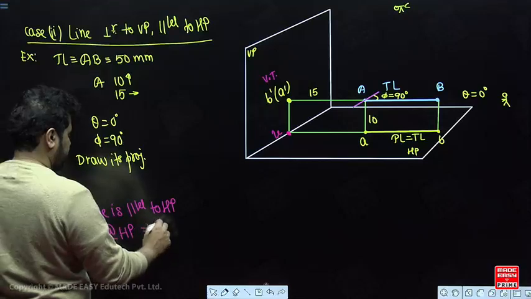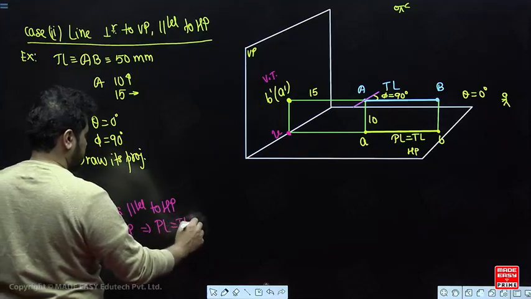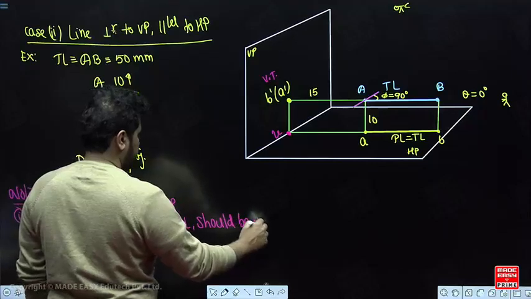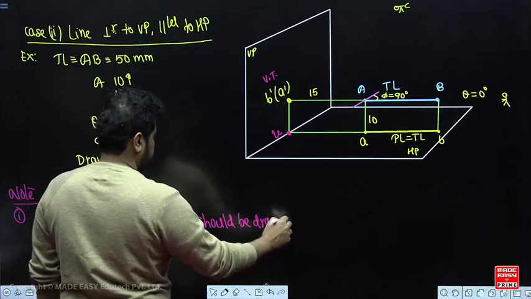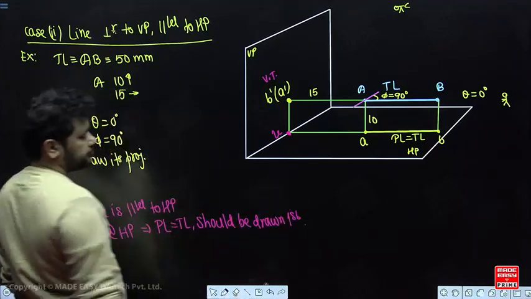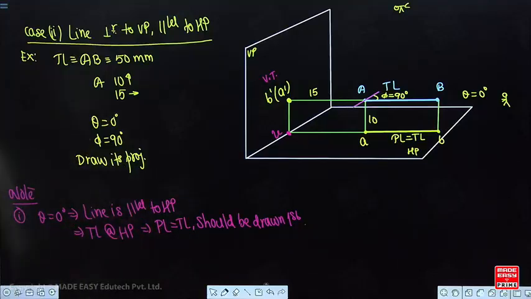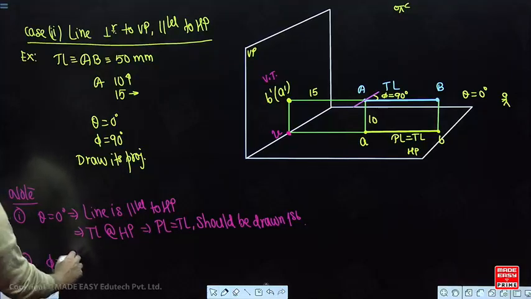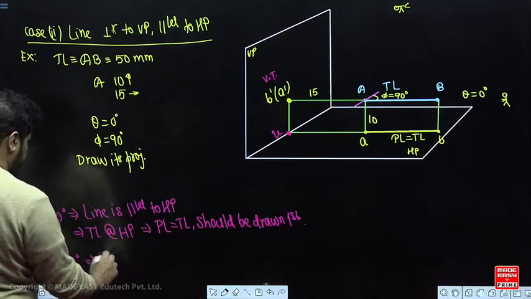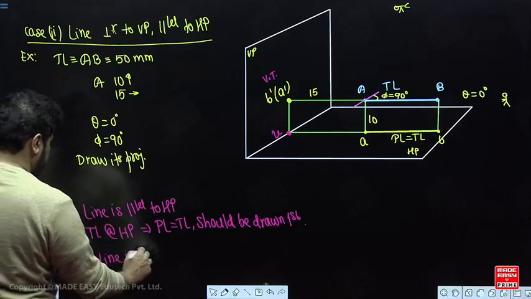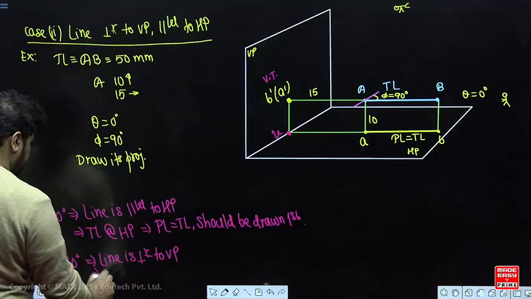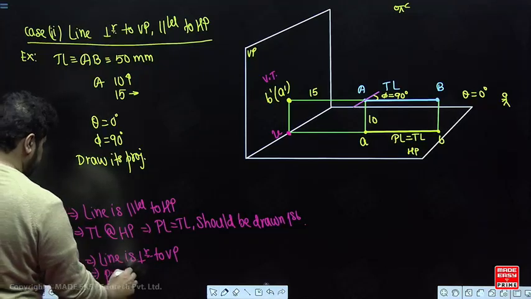This implies plan length is equal to true length should be drawn first. है ना? Second point, phi is equal to 90 degree. Line is perpendicular to VP. Point is seen in VP.